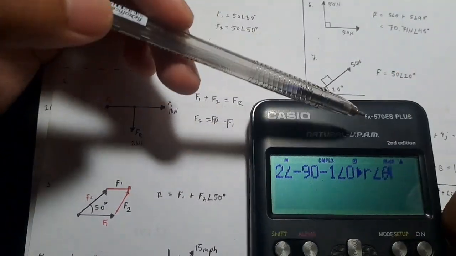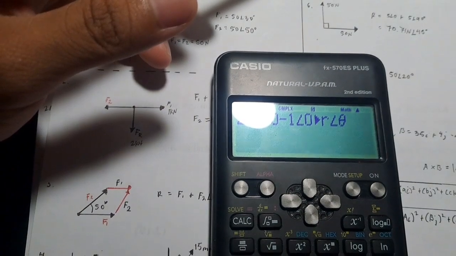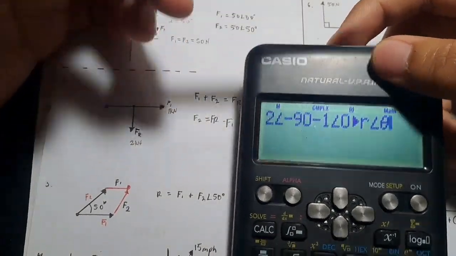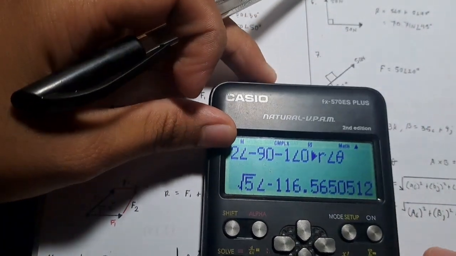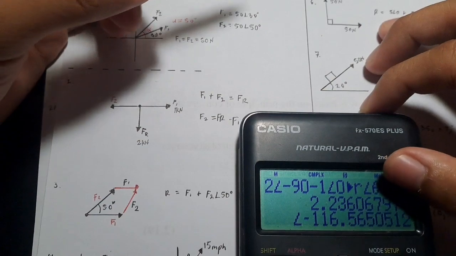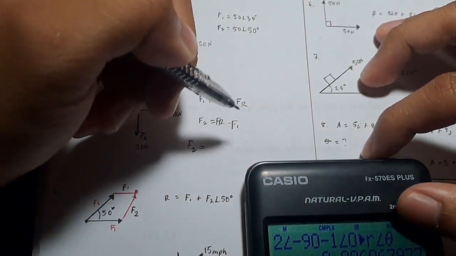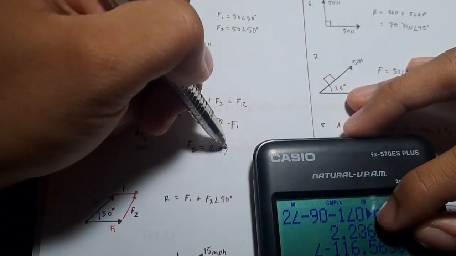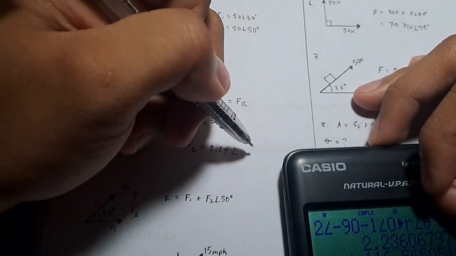So actually itong nalabas sa sagot dito is called the polar form, guys. Hopefully you're already familiar with the polar form, our angle theta. So we will have F2 is 2.24 angle negative 116.